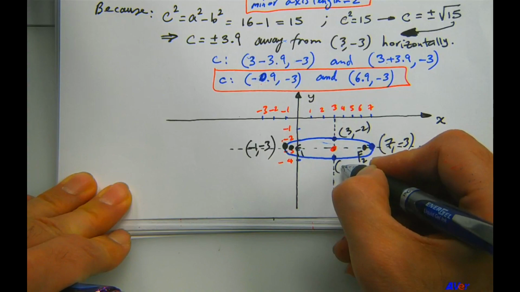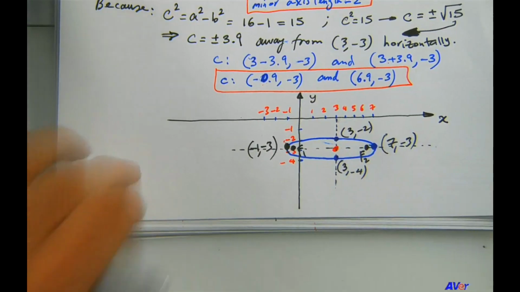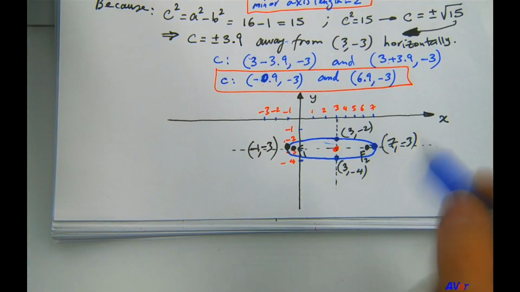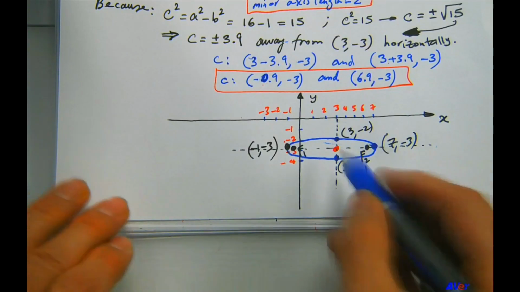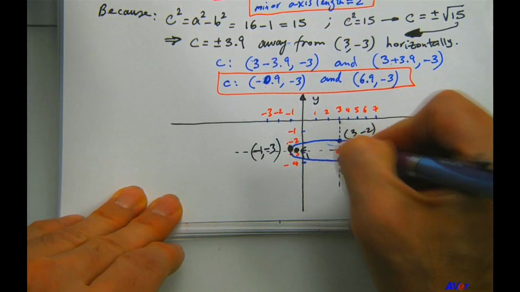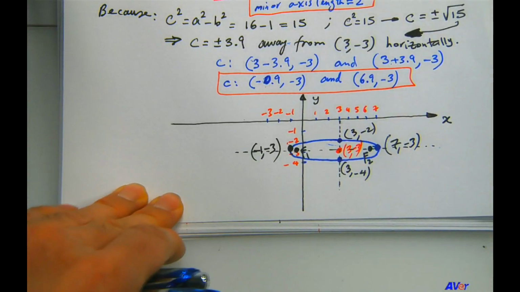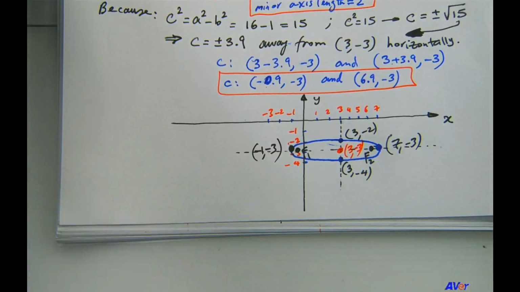This point was 3 comma negative 4, and the center is at 3 comma negative 3. It's making this drawing a little bit crowded, but it's okay. I want to put as much information as I can on the drawing.